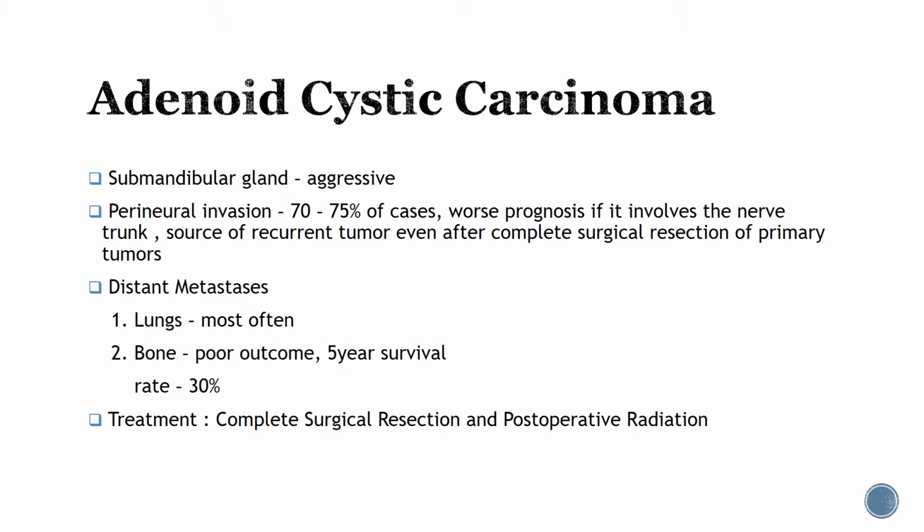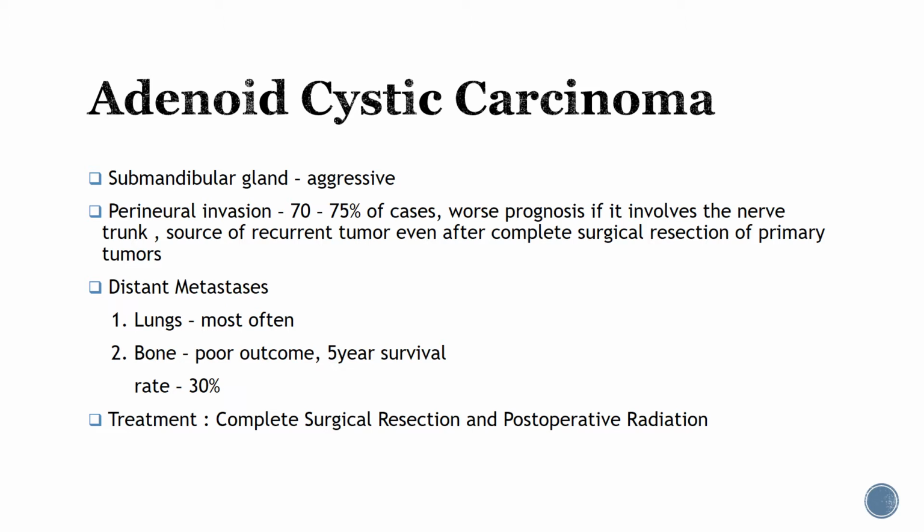A frequent histologic feature of adenoid cystic carcinoma is perineural invasion, which is identified in approximately 70 to 75% of cases. It carries a worse prognosis, particularly when it involves a major nerve trunk. The perineural invasive tumor is probably the source of recurrent tumor even after seemingly complete surgical resection of the primary tumor.